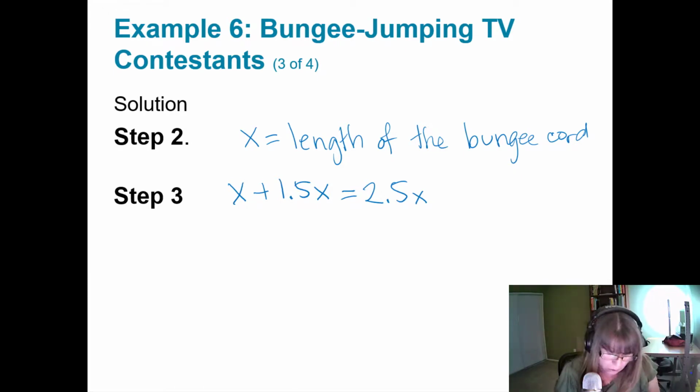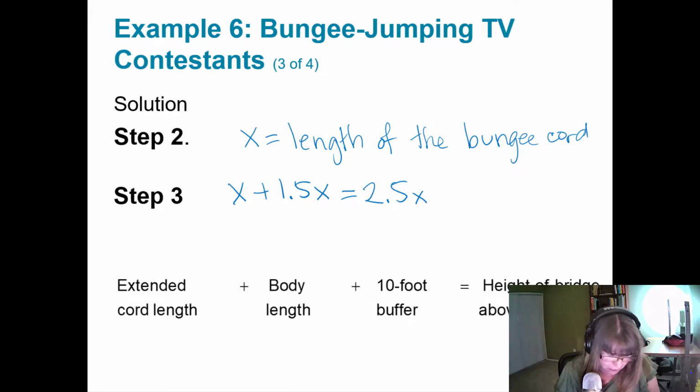Now, we have the extended cord length plus the person's body length plus a 10-foot buffer must equal the height of the bridge. Because if we go longer than the height of the bridge, we're in trouble. So let's fill all these in. The extended cord length is 2.5x.